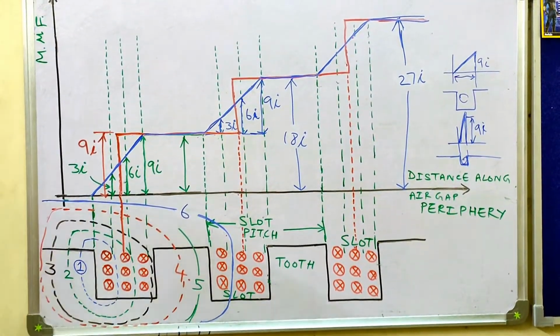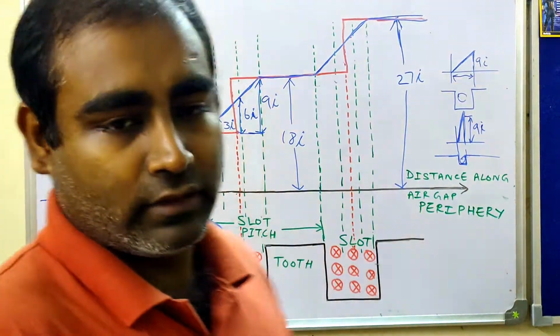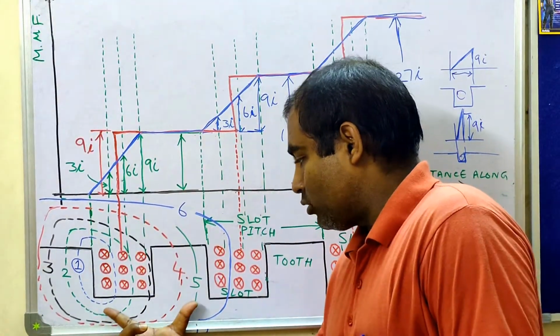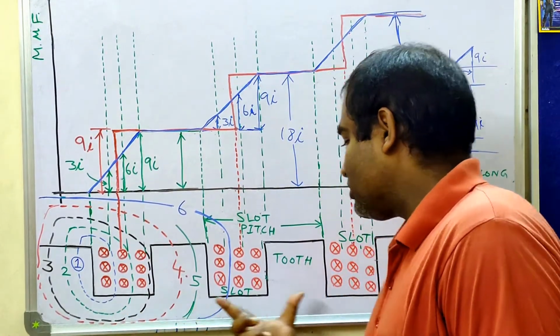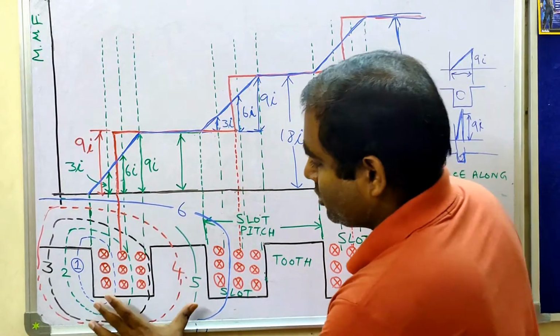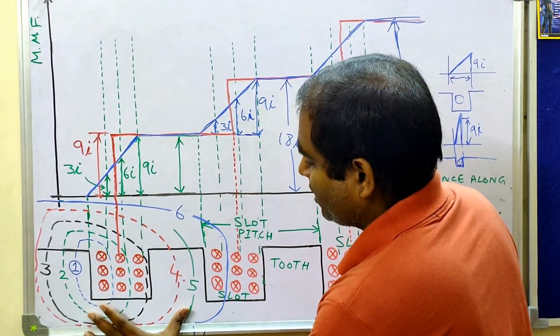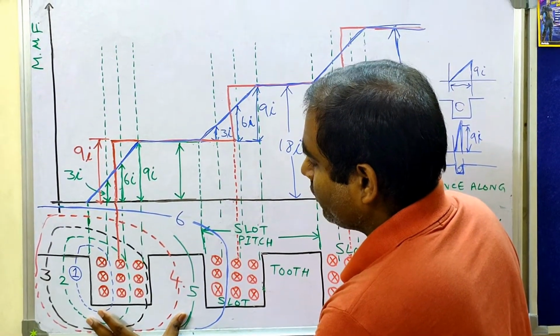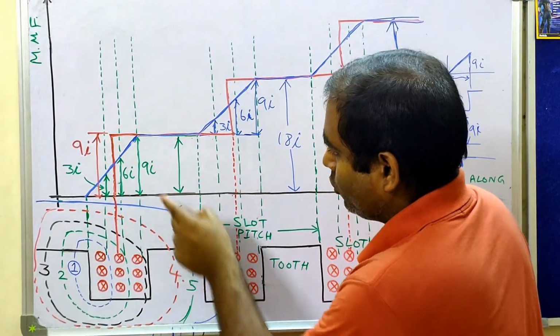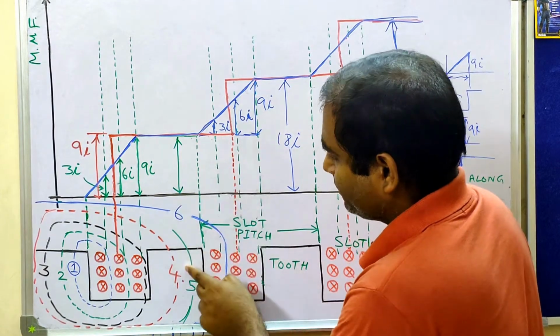Now, it is needless to say, but still I am saying that whatever is the nature of MMF variation over one slot pitch, for another slot pitch the nature of MMF variation will be the same. You can see here, this is our slot pitch number 1. So in slot pitch number 1, what was the variation of MMF? Linearly rising over the slot portion and flat over the tooth portion.